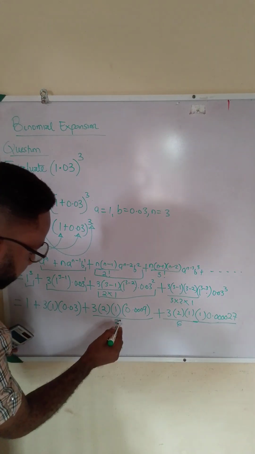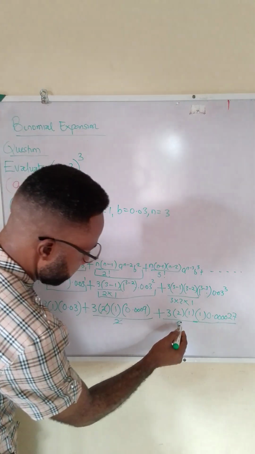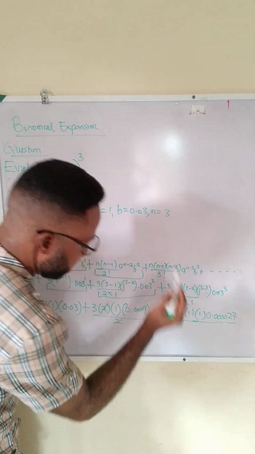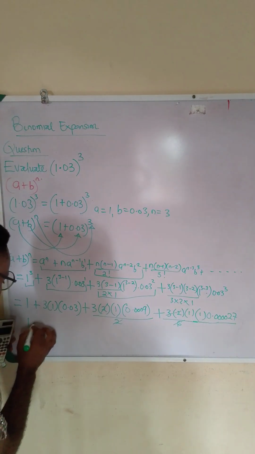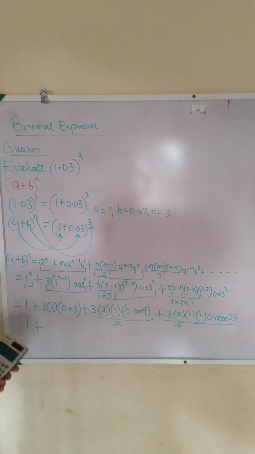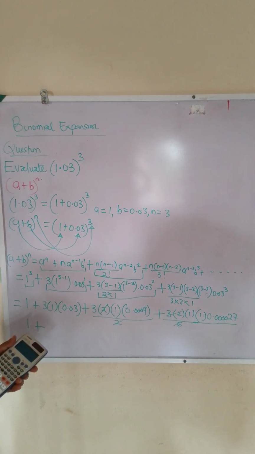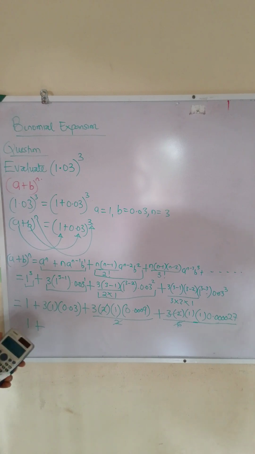So at this point, this can cancel this. This is 6. 3 times 2 here is 6, so it's out. So we are left with 1 plus 3 times 0.03. 3 times 0.03 will give us 0.09.